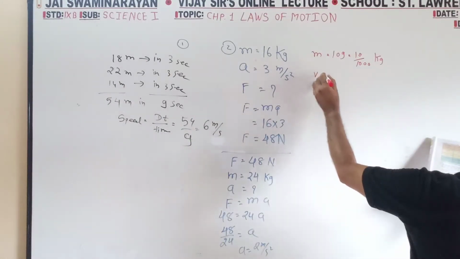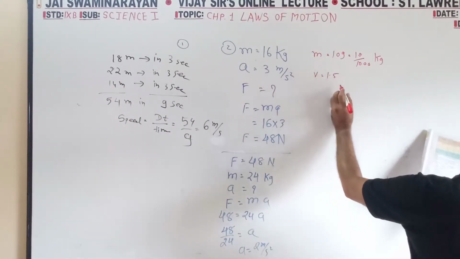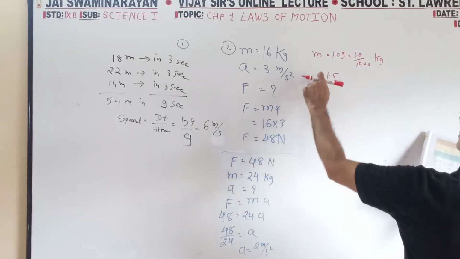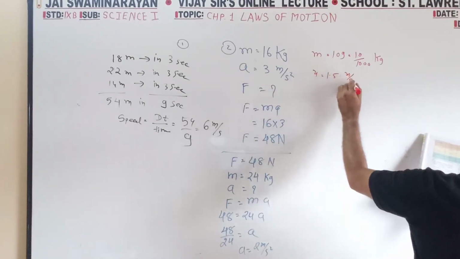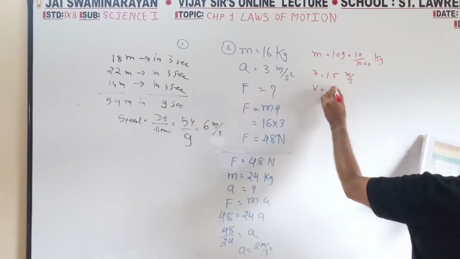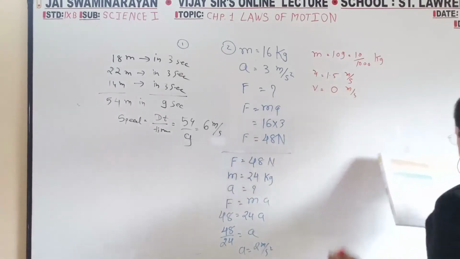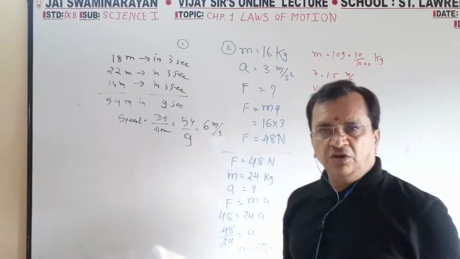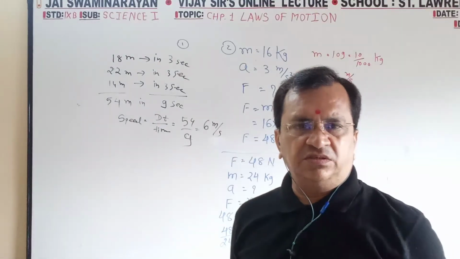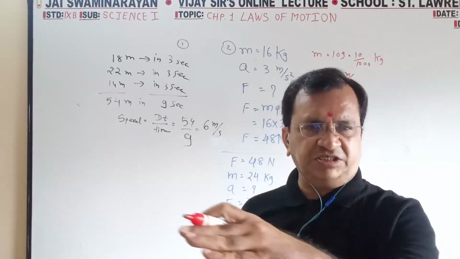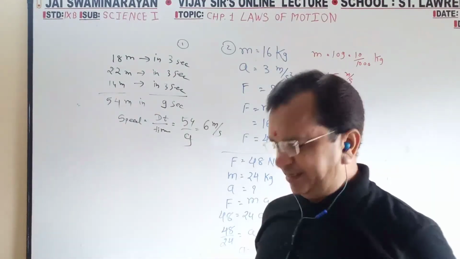The starting speed is u meter per second. The final speed will be 0. The bullet is fired, so the starting speed is high, then it stops at rest.